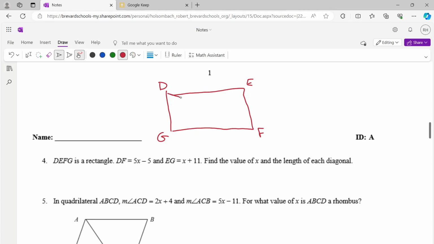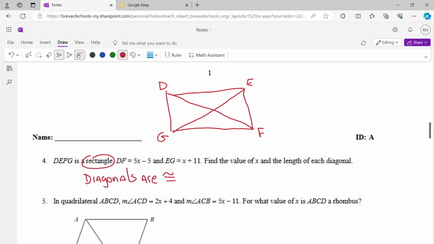All right, so D to F is a diagonal. And EG is another diagonal. All right, diagonals of a rectangle are congruent. We got a rectangle, so diagonals are congruent.